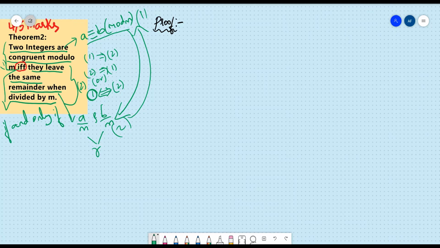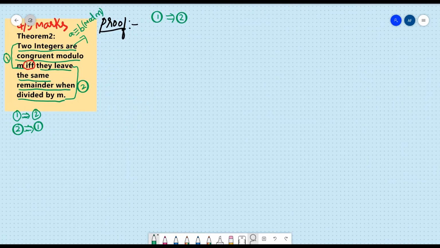So let me prove this theorem. Two integers are congruent modulo m is equation 1 and the same remainder statement is equation 2. If I consider 1, at last I should get the result 2.